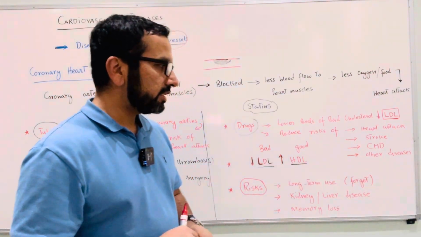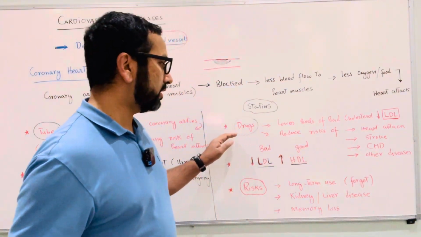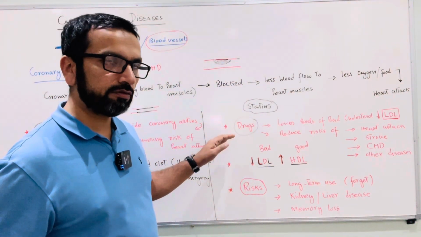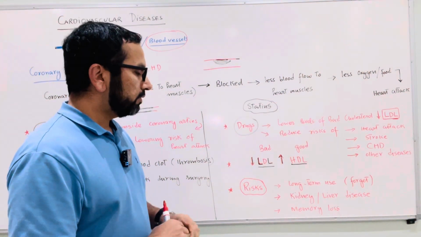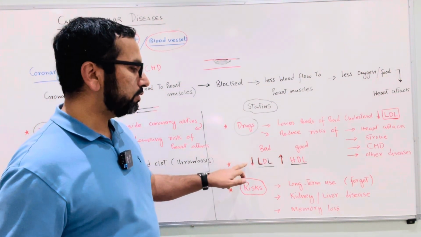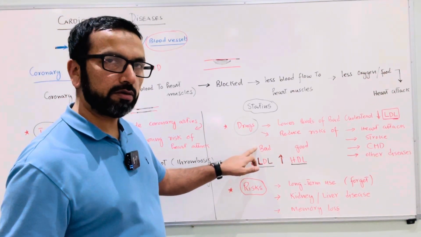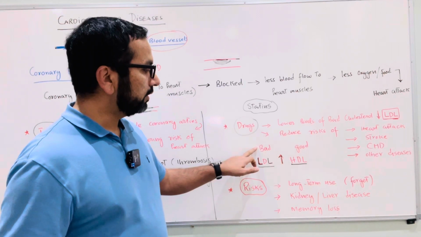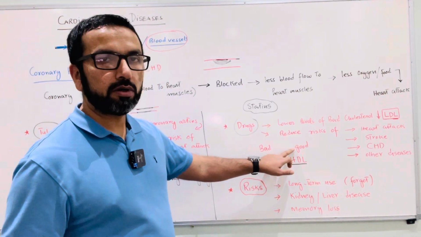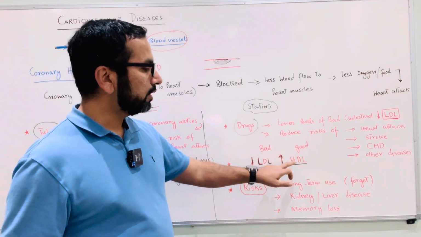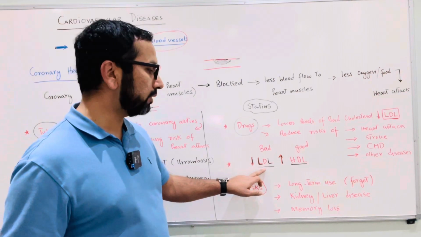With modern research, it is also proven that statins protect from some other diseases as well. So what is their function? Their function is to reduce the level of LDL, which is a bad type of cholesterol, and to increase the amount of HDL, which is a good type of cholesterol. HDL itself also reduces the amount of LDL.